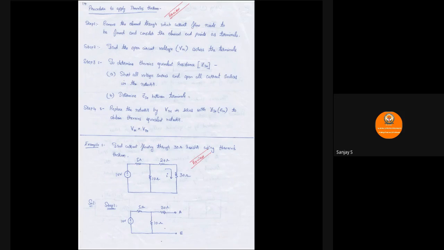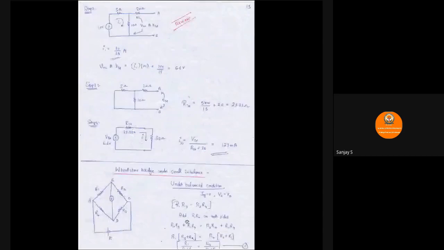So in step 1, I have just removed the 30 ohm resistance through which the current flow was needed to be found. Then step 2, find the open circuit voltage across the terminals. I have to find the voltage across this A and B. So let us see how to do that. If you try to find the current flowing through this first loop here, I1 will be equal to, using Ohm's law, V divided by R. R is nothing but the sum of the resistances.